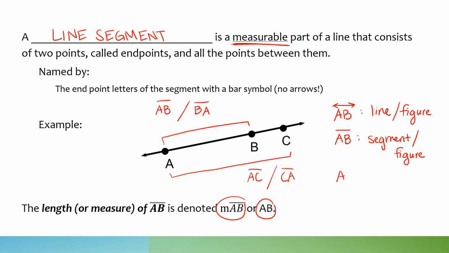And lastly, AB with nothing over top of these letters, this means we're talking about a length, and this means it's a number. AB can be equal to something, whereas segment AB, well, no, can't be equal. It's a thing itself. So we're going to try to keep those things distinct.